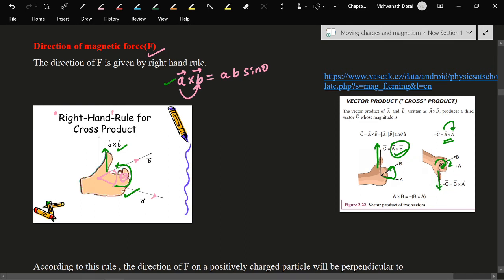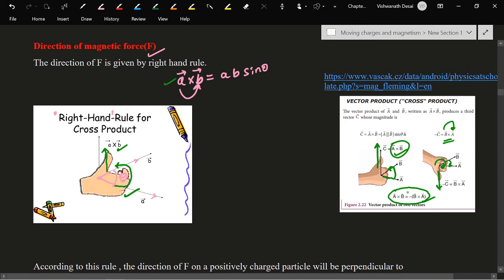So if it is positive charge, the thumb is pointing upward. If it is negative charge, the thumb is pointing downward. So it is not obeying the commutative law. Here it is given. You studied it in the first year also. This is the right hand rule for the cross product. Remember this for studying almost this entire chapter.